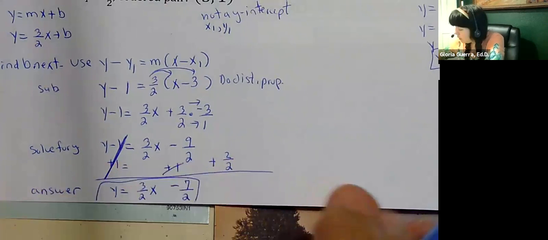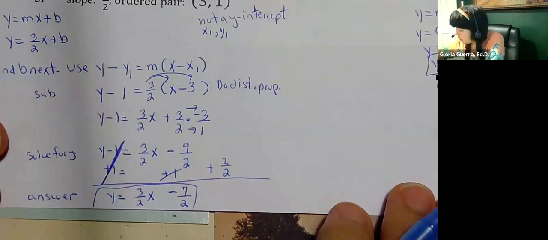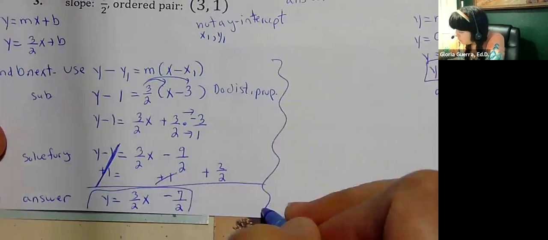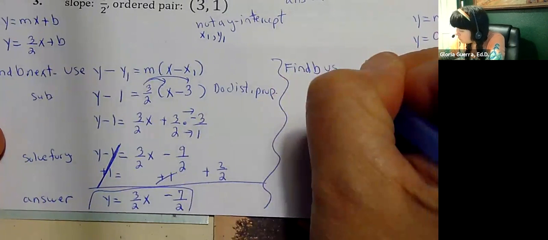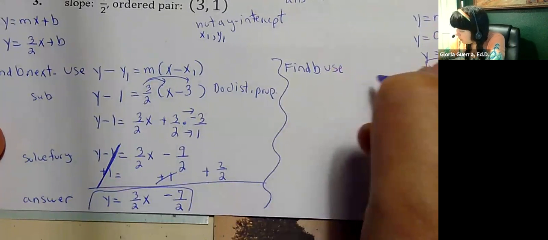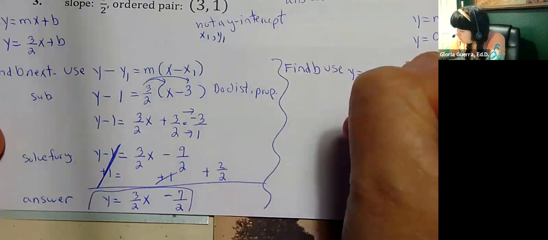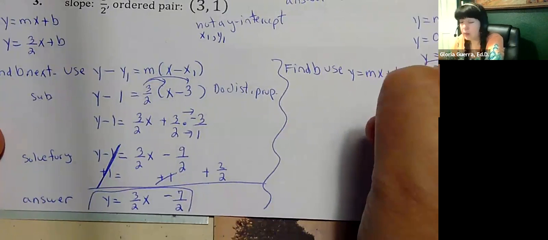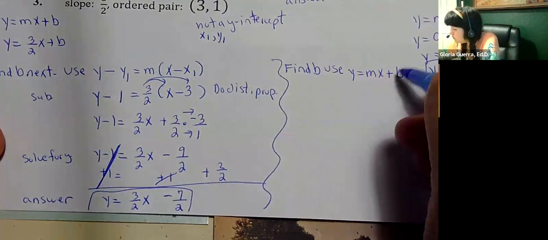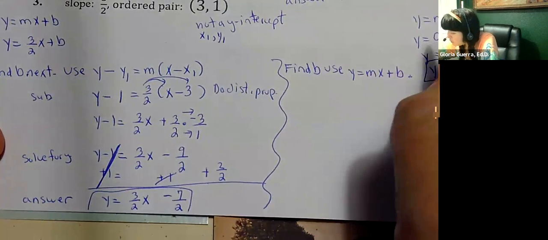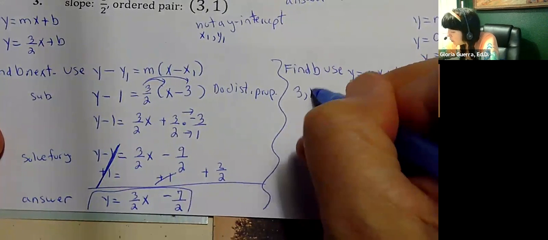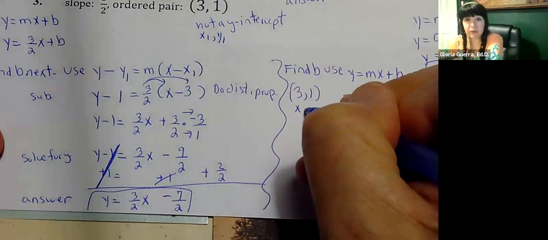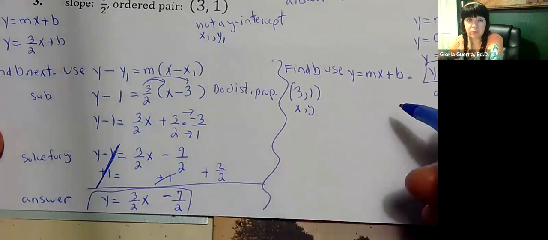Okay. Now I'm going to do this again. I'm going to now find b, but I'm going to use y equals mx plus b. And when I use y equals mx plus b, I'm also going to use the point (3, 1), but I'm going to call that x, y now, instead of x1, y1.